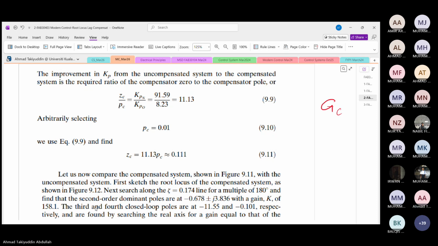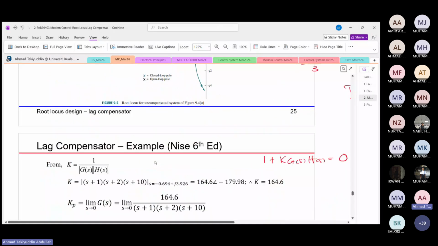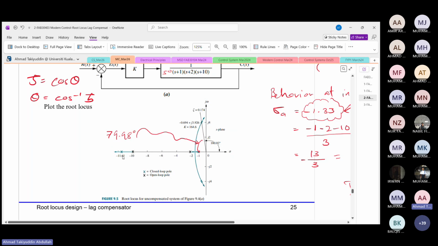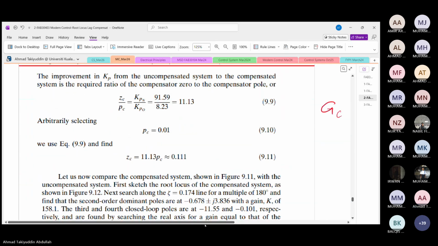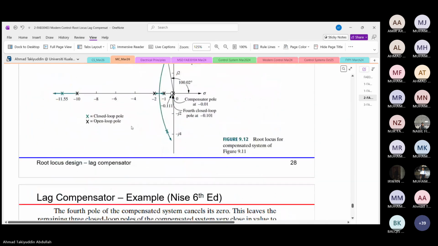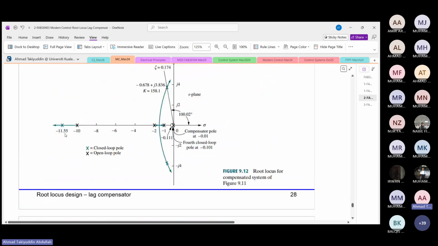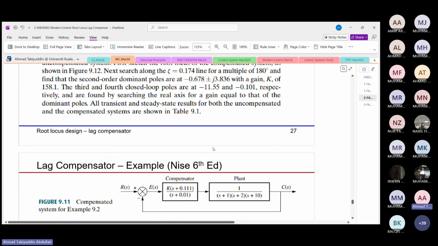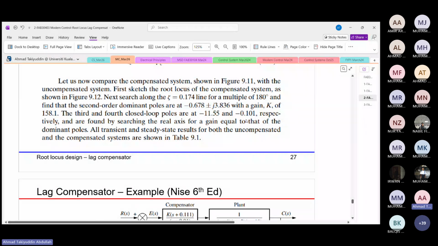Right, guys? The poles represented here, minus 11.55 and minus 0.101 for the fourth pole, are what you have after you have the system with the compensator. We are going to look at it later.